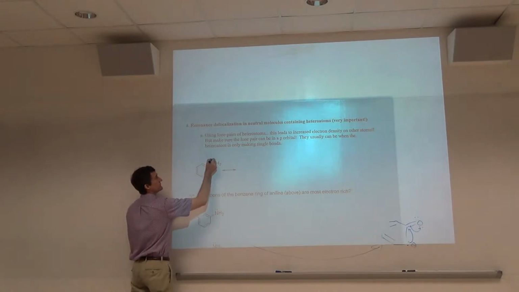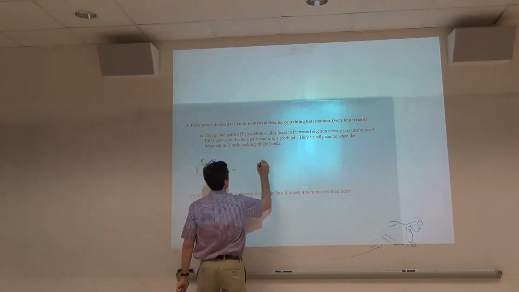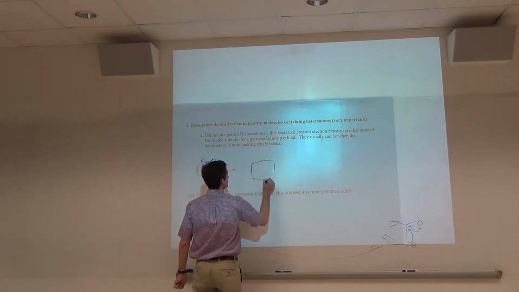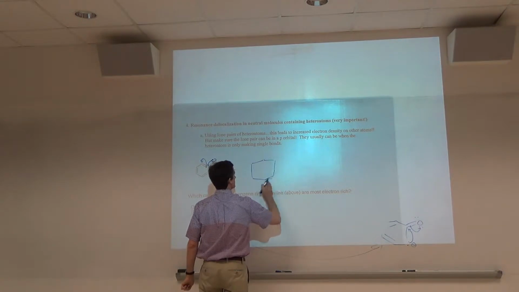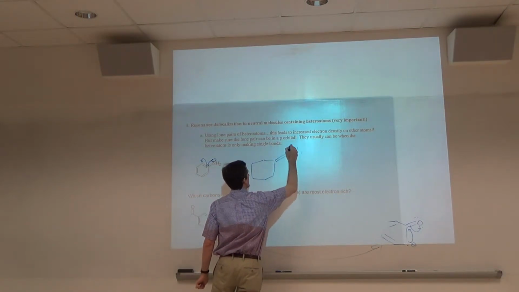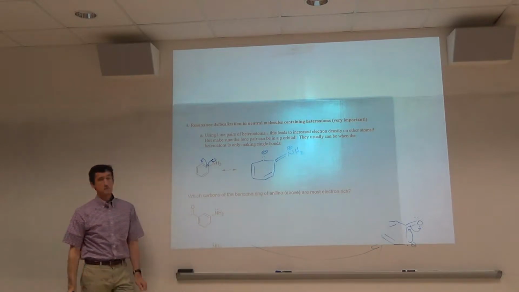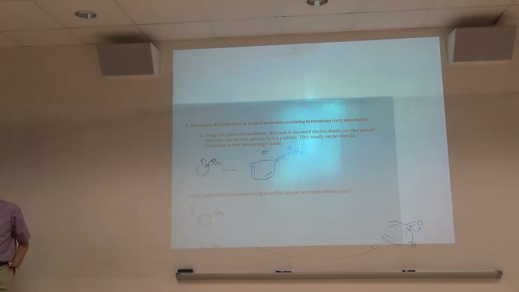And what can we do with it? These electrons can be moved in, and these can be moved out. What does that give? A nitrogen now plus in that fake structure.